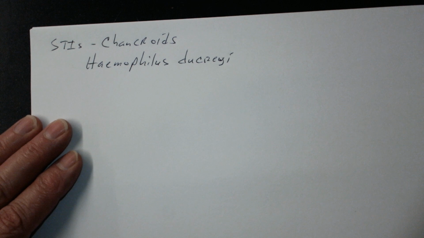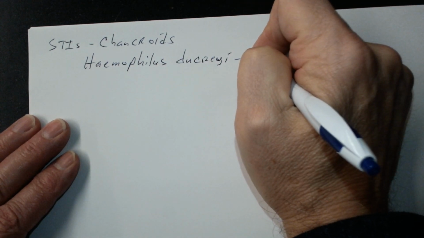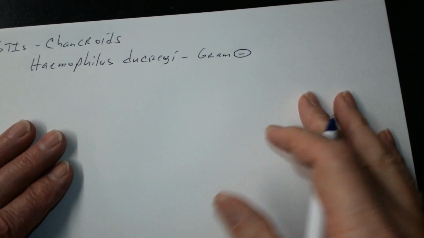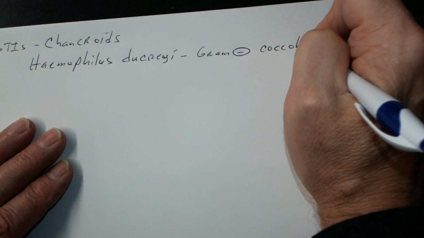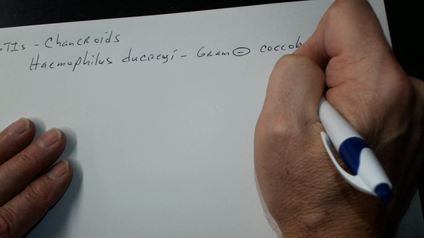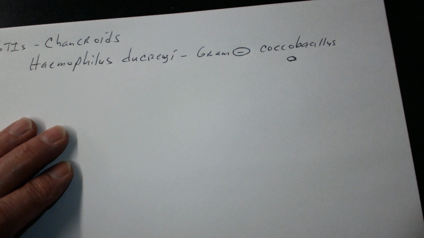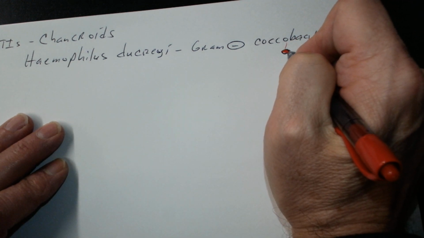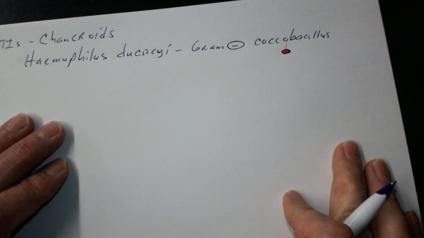This is in the same genus as Haemophilus influenzae. This is a gram-negative coccobacillus. These are very short little rods, and they're pink colored in a gram stain.